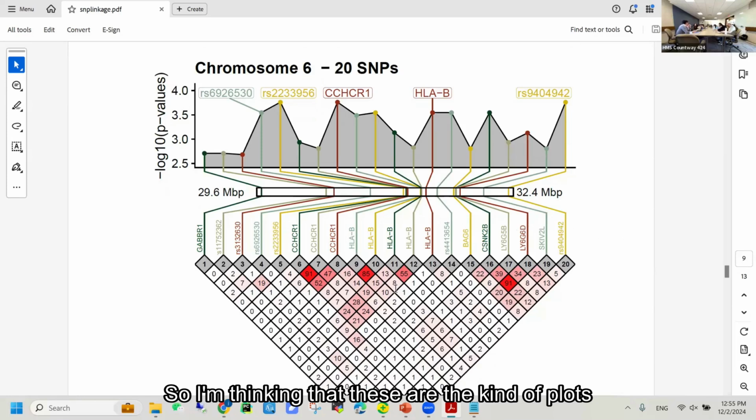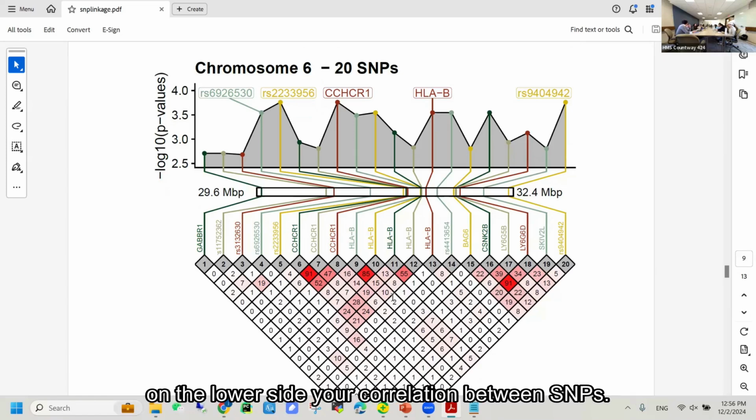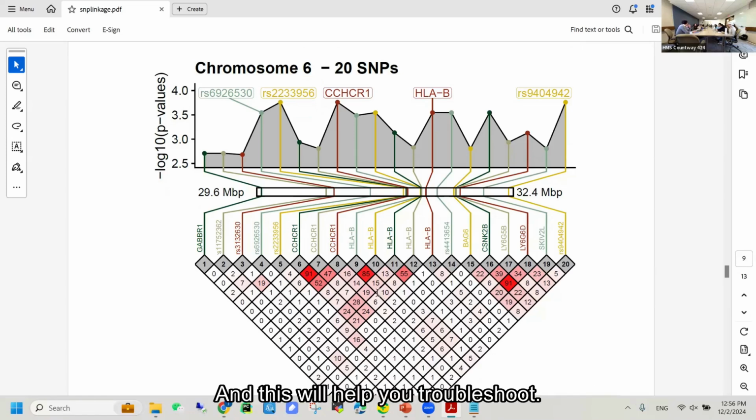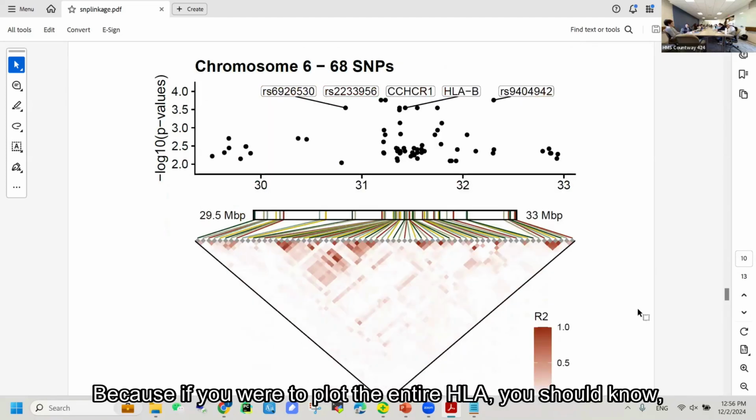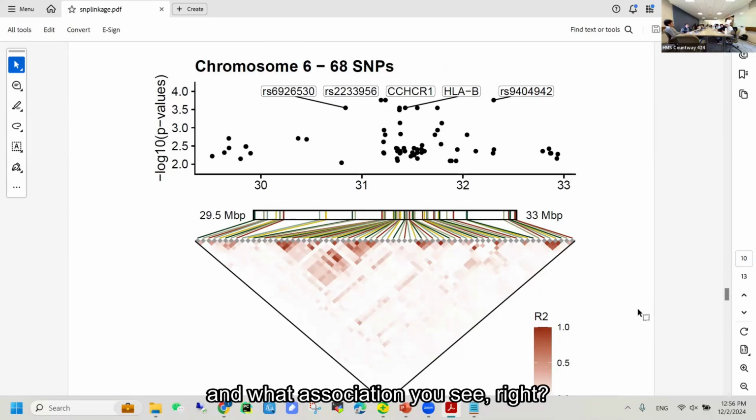So I'm thinking that these are the kind of plots to troubleshoot and quality control your RA data. This is the kind of plots you would want to do. You put on the upper side your associations with RA, on the lower side your correlation between SNPs, and this will help you troubleshoot. Because if you were to plot the entire HLA, you should know which gene, how far apart, what's their correlation, and what association you see.